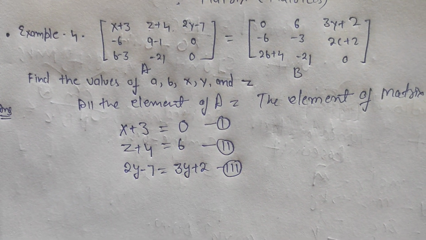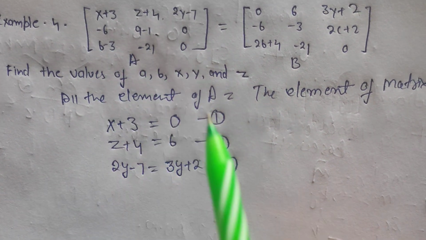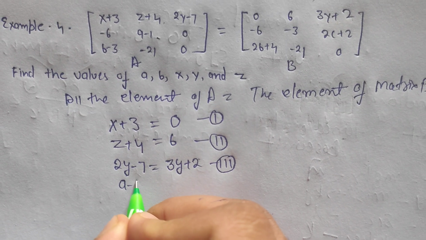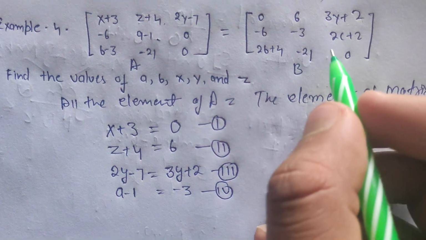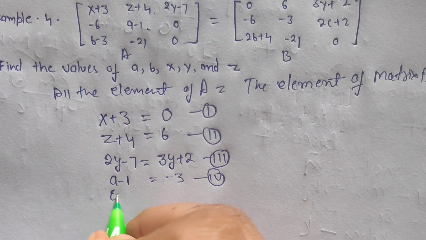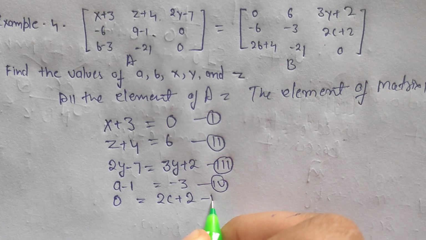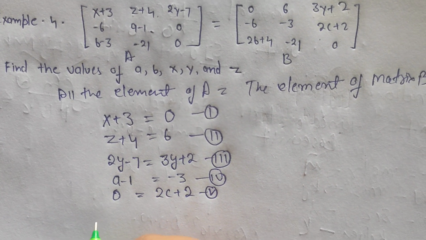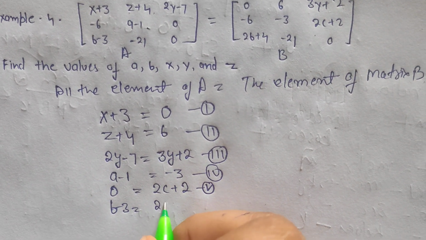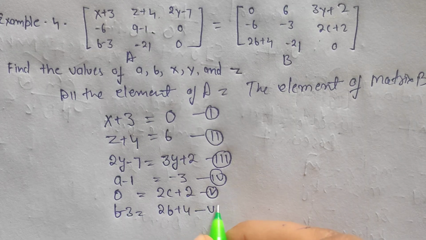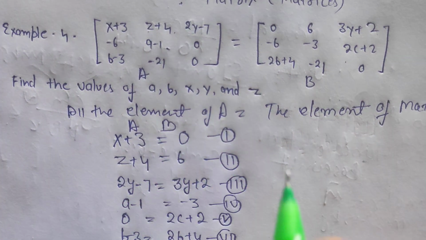Similarly, for the second row, a minus 1 is equal to minus 3, equation number 4, and 0 is equal to 2c plus 2, equation 5. And for equation 6, b minus 3 is equal to 2b plus 4, equation 6. So in these cases, matrix A equals matrix B.